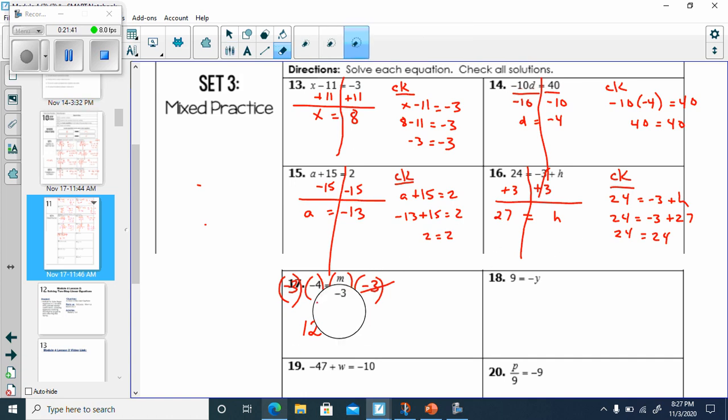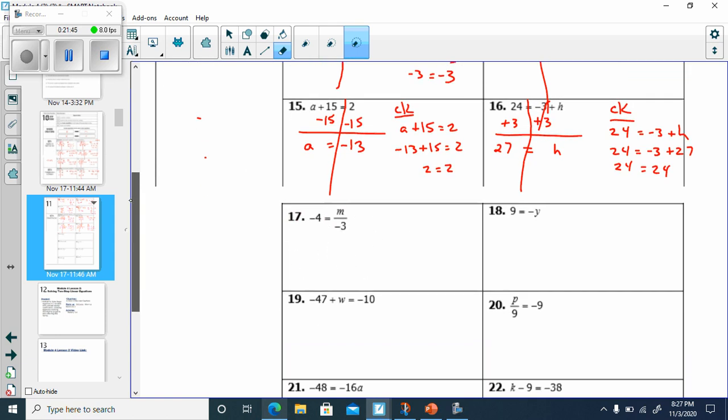Okay, let's look at number 17. Negative 4 is equal to m divided by negative 3. The opposite of dividing by a negative 3 is to multiply by a negative 3. Let's multiply both sides by negative 3. M would be equal to negative 3 times negative 4, which is a positive 12.